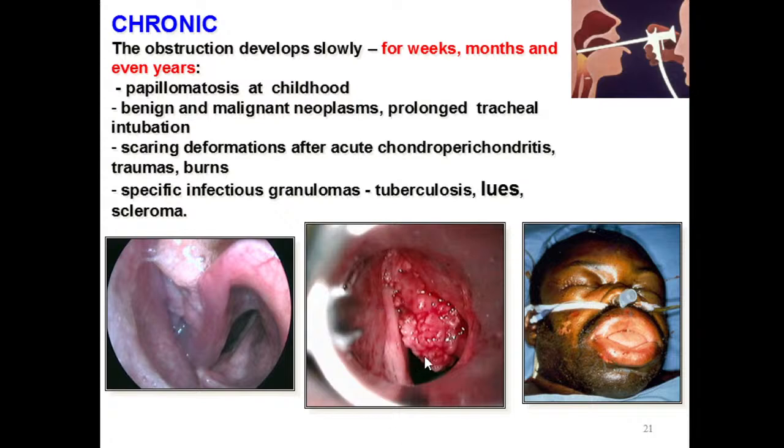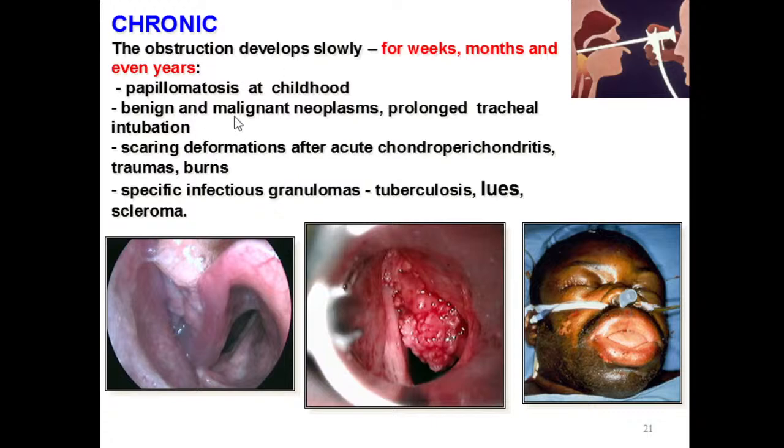And you understand that papillomatosis is treated only by surgery, and after a lot of episodes of surgery, the larynx, of course, is not a healthy larynx. There is a lot of scar tissue, a lot of fibrous tissue, and after a lot of operations, there may also be laryngeal stenosis due to scarring deformations.